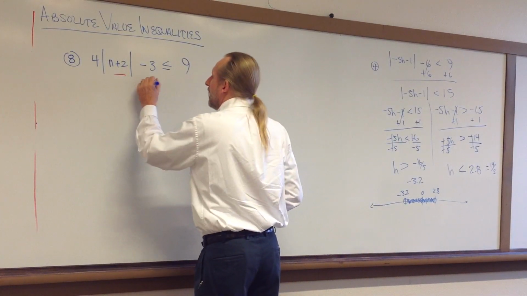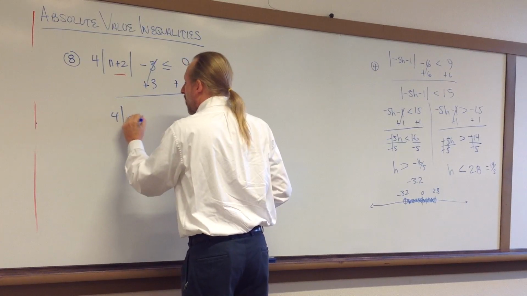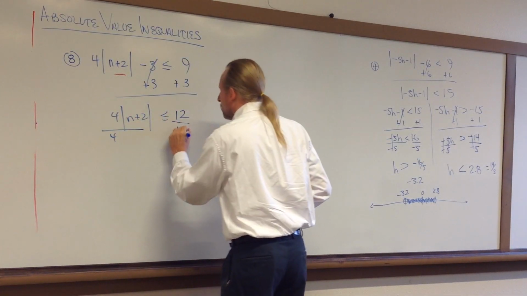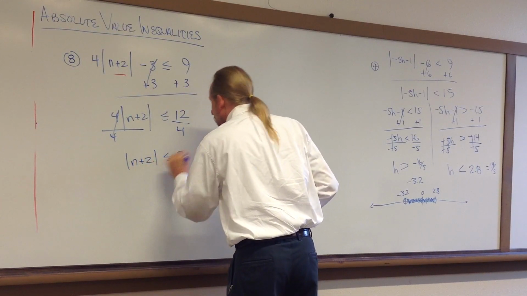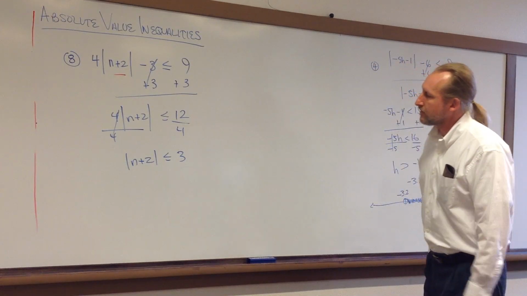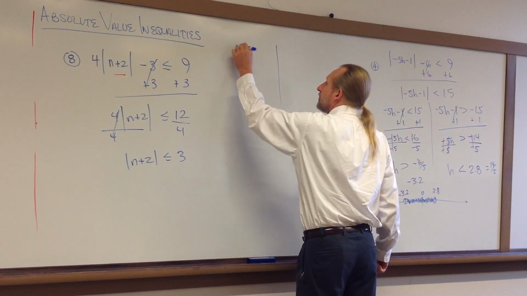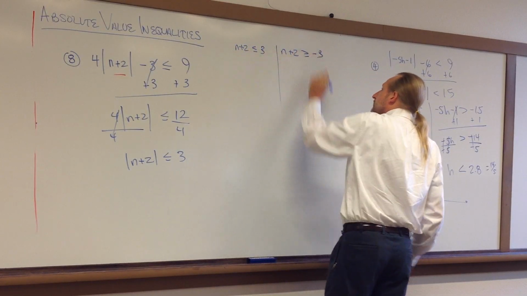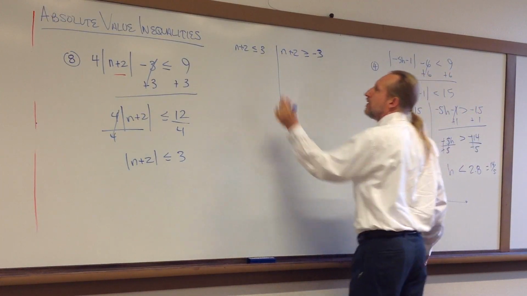So we're going to add 3 on both sides, and then divide on both sides by 4. And now we've got our absolute value on its own. Okay? And that's the point where we want to split this in 2 pieces. N plus 2 less than or equal to 3. N plus 2 greater than or equal to negative 3.